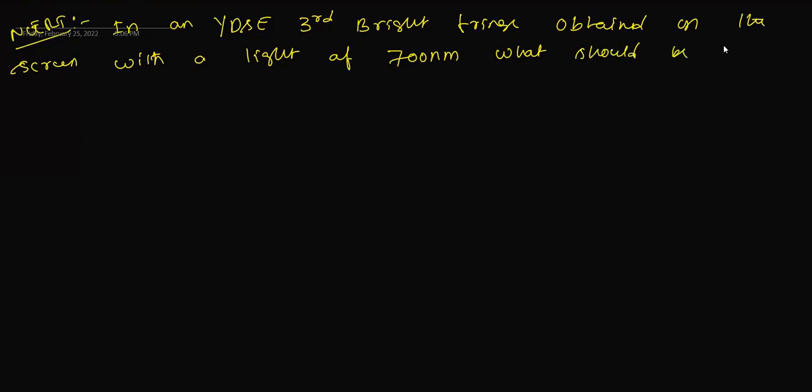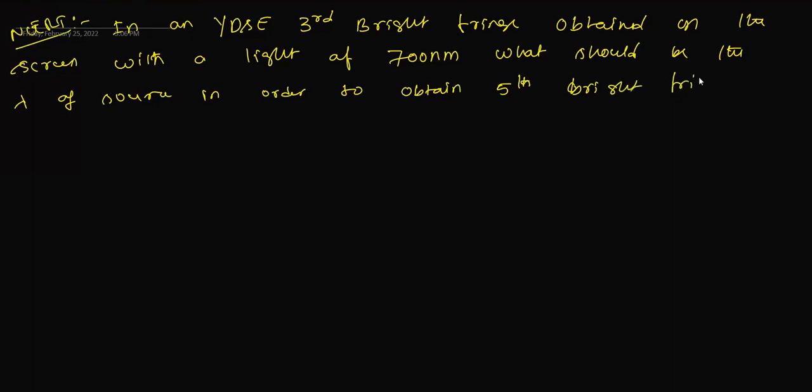What should be the wavelength of the source in order to obtain the fifth bright fringe at the same point? What do we need to change?